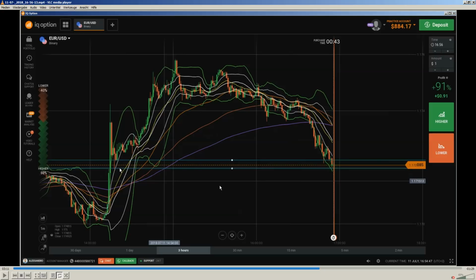So here it was resistance, here it got support, and after this I traded it here. I did a put here because the trend was too strong, and that was the reason why I was pretty much sure that this area would be broken, because of the downtrend.